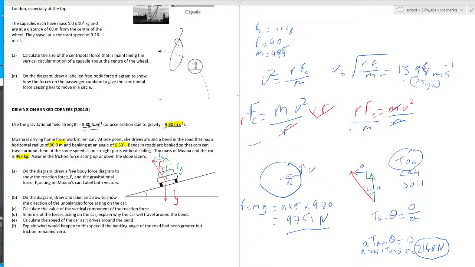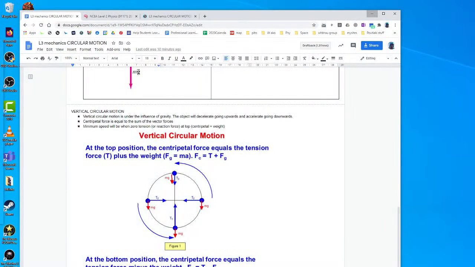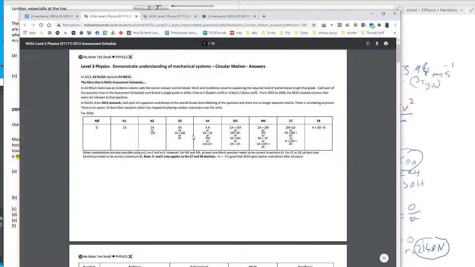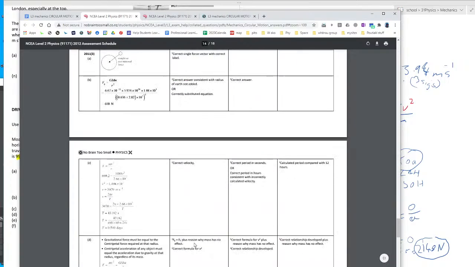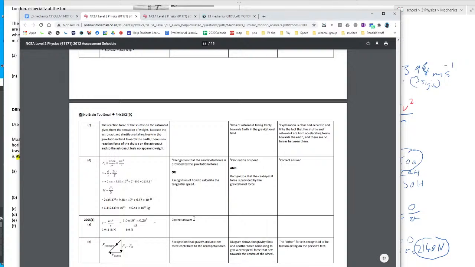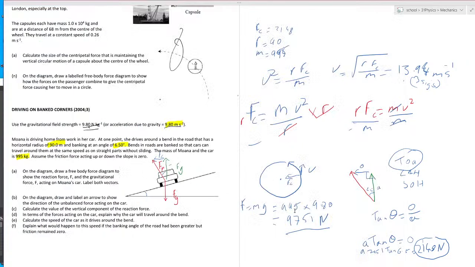Cool. Now let's see if we can find the actual answers for this and see if we're right. Okay, 2005, 2004.